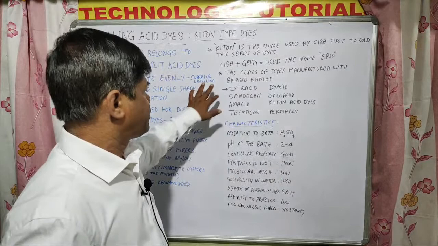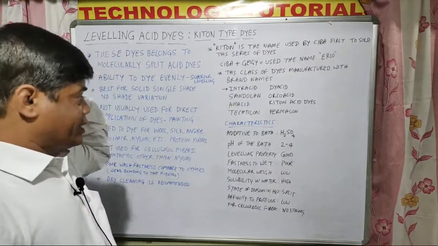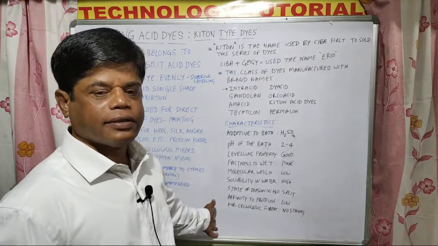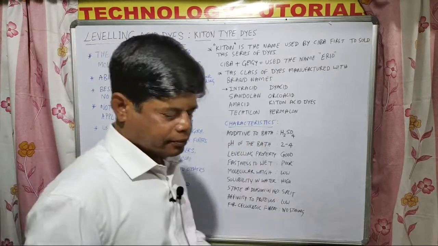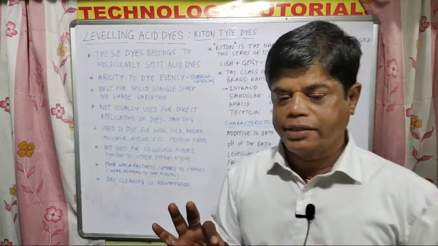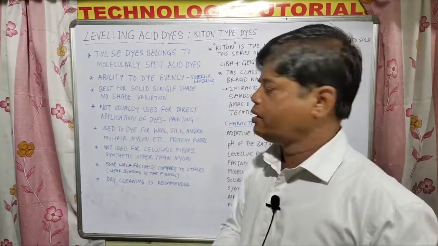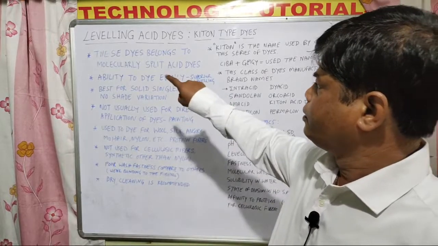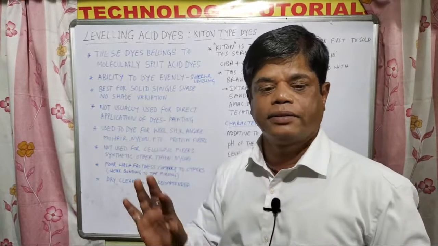Now, what are the characteristics while dyeing this leveling class, and under what conditions are leveling dyes dyed? Usually, friends, formic acid is used; acid is required to maintain dye levelness. I told you this class of dyes belongs to molecularly split acid dyes.